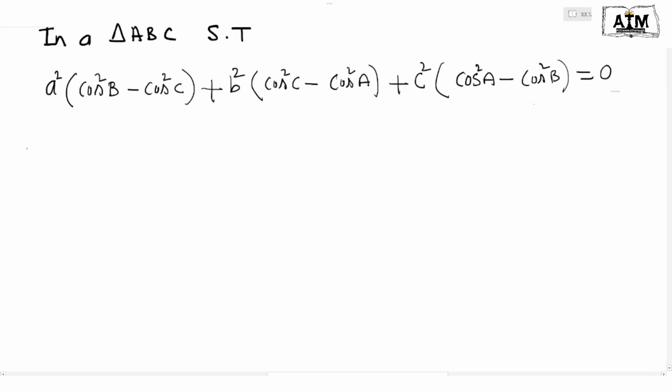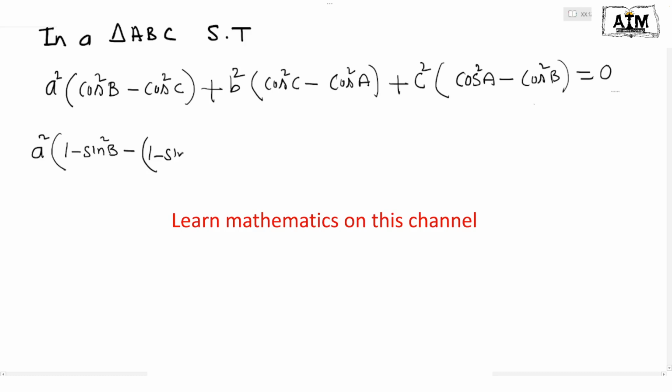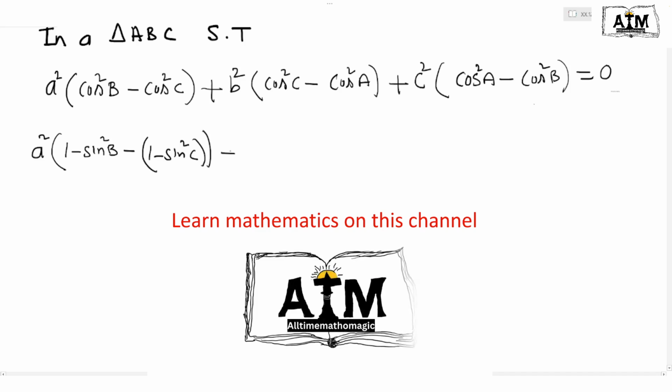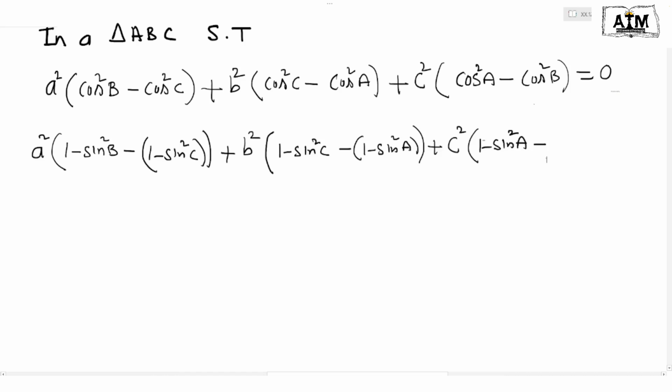So we get a square, in place of cos square b, 1 minus sin square b, minus, in place of cos square c, 1 minus sin square c, and in a similar way the other two brackets, minus 1 minus sin square b.